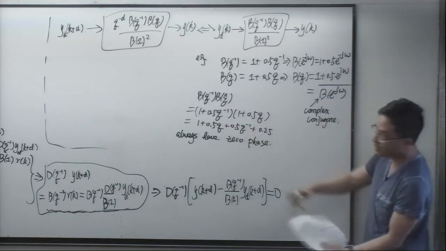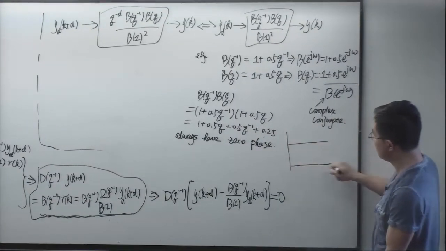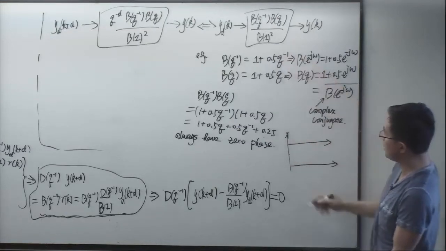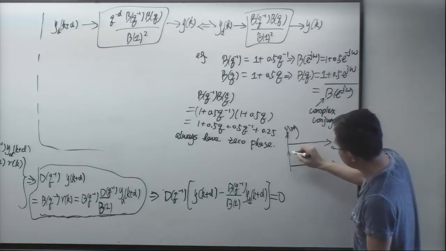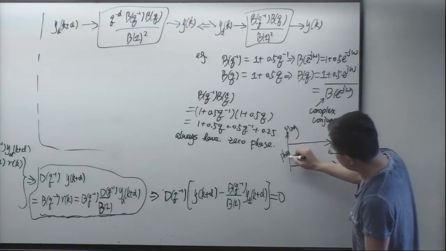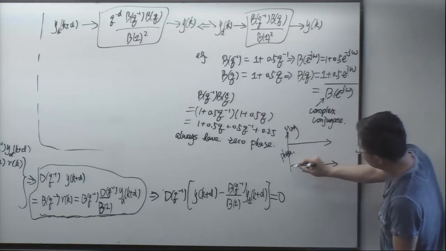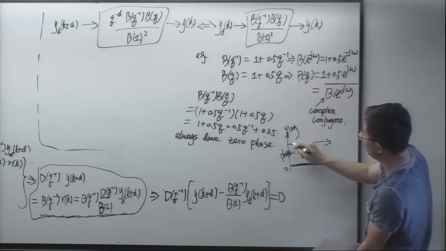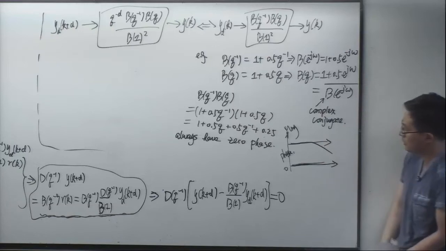If you plot the frequency response, then the frequency response of this whole thing is going to look like magnitude and phase. Always zero phase. And then the magnitude usually looks something like this.